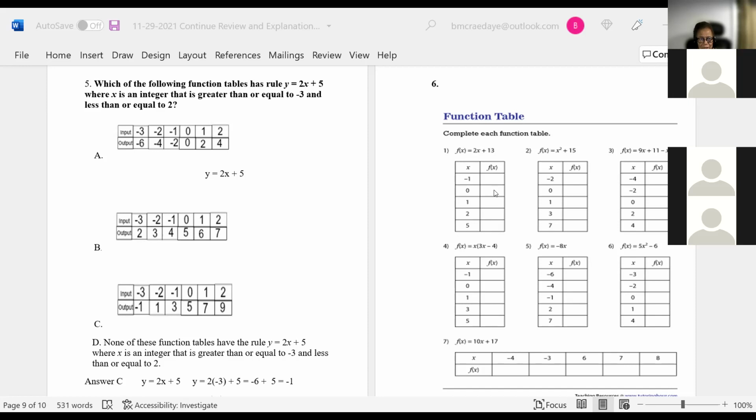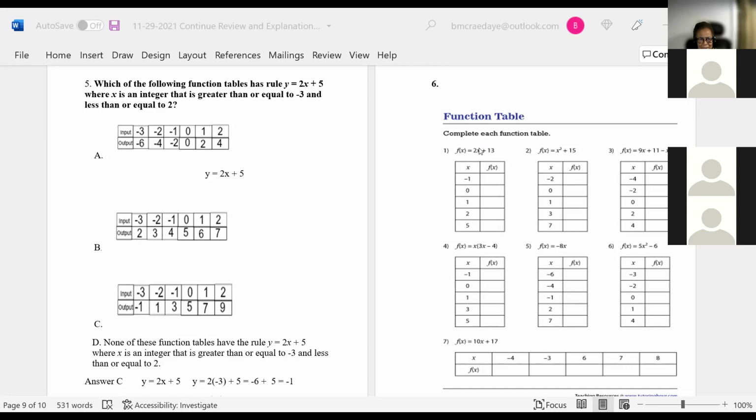Now, Audrey, what is the f of x when x is 1? What would I put right here in the table? 2. No. 2 times 1 is what, Audrey? 2. And what's 2 plus 13? Oh, I didn't add the 13.